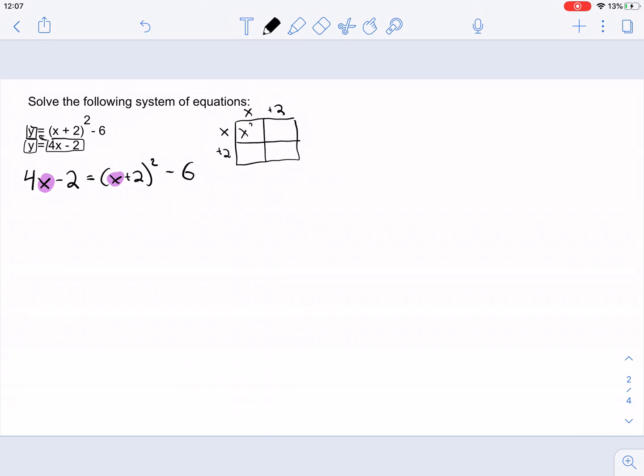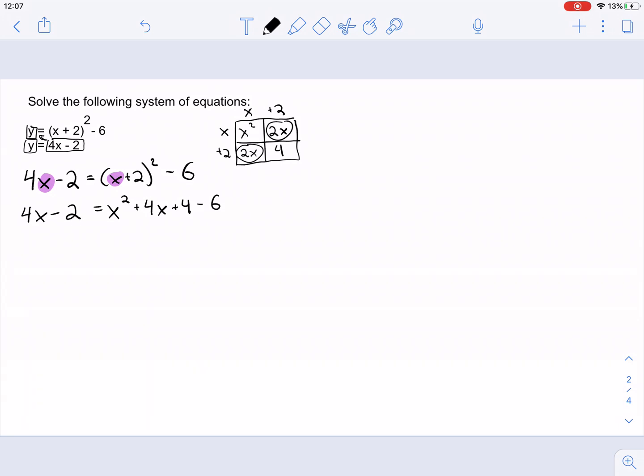X times x is x squared. X times 2 is 2x. 2 times x is 2x. 2 times 2 is 4. I combine my like terms of 2x and 2x. So this gives me x squared plus 4x plus 4. And then the minus 6 comes down, and I'm left with this 4x minus 2.